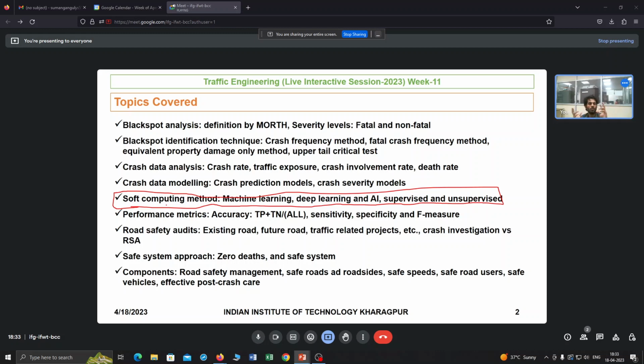Suppose it's a 0-1 model, I also know how many are false positives and how many are false negatives. Based on that, I can use accuracy to measure how accurate the model is. Similarly, sensitivity, specificity, and F measure do a similar kind of thing, but using different logics, right?